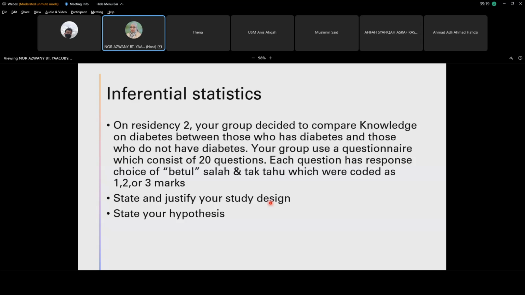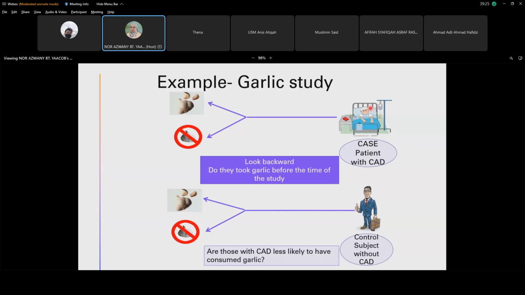So you have two groups, diabetes and no diabetes. This is just an example I made up.